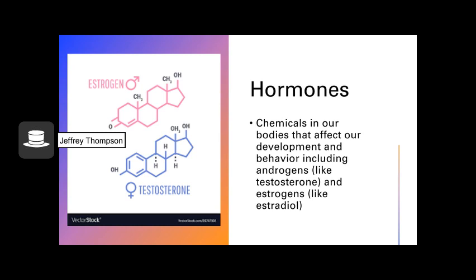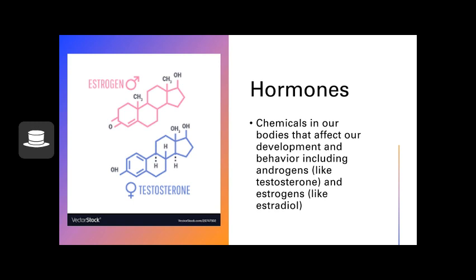Now, it's not just our chromosomes that determine how we develop, it's also our hormones, the chemicals in our body that tell cells to behave in a certain way. So, the presence or absence of these hormones, which is partially determined by our genes, is going to help us develop in certain ways.